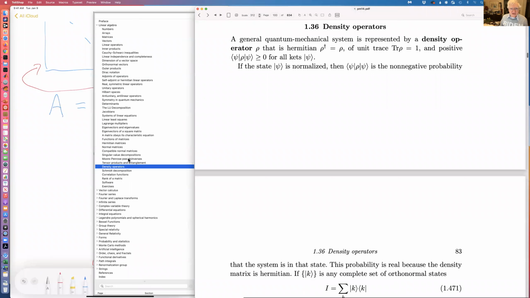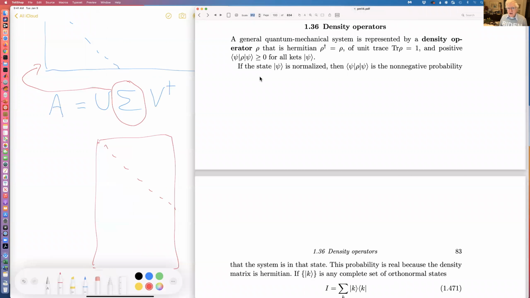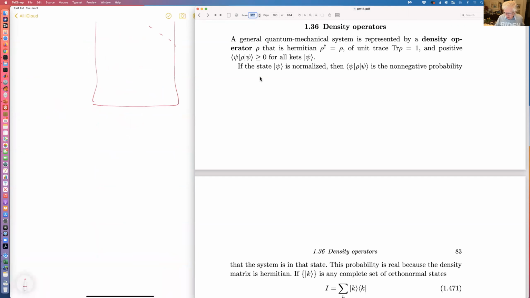Maybe I'll say a word about density operators. Normally in textbook quantum mechanics, especially in the elementary courses, one emphasizes states and one talks about a wave function psi of x, and if one introduces Dirac notation, then you say that's the inner product of a position vector x with a state vector psi.